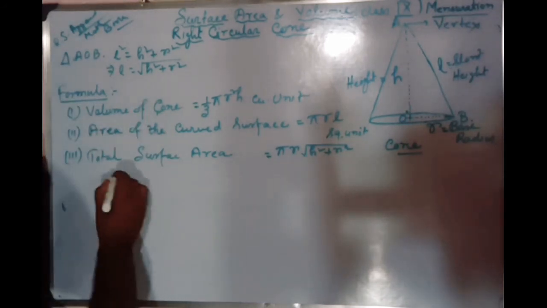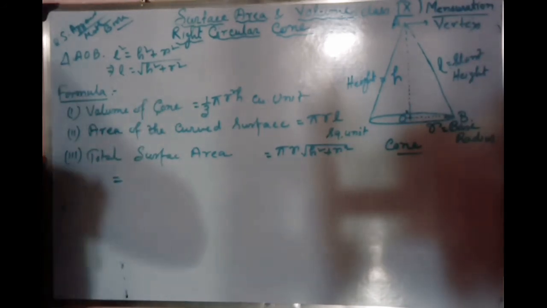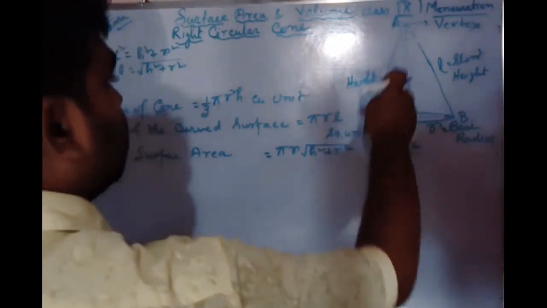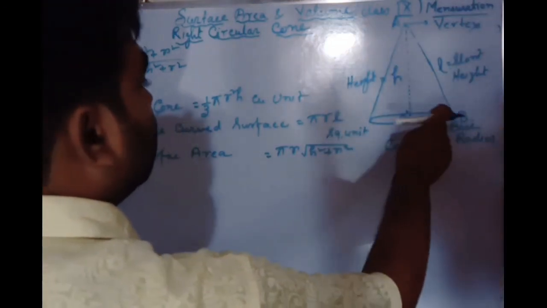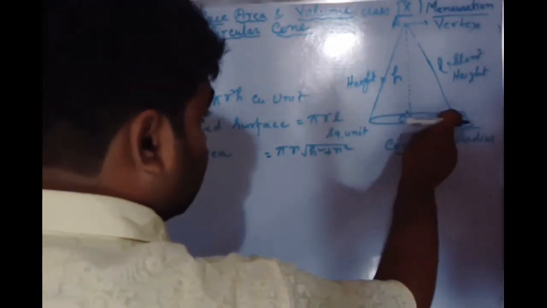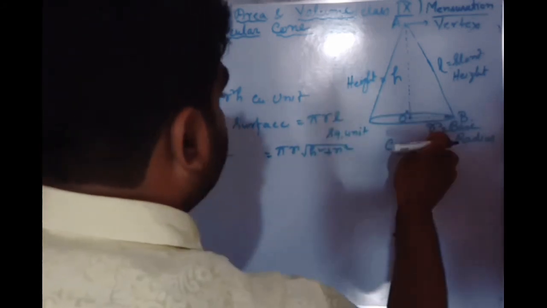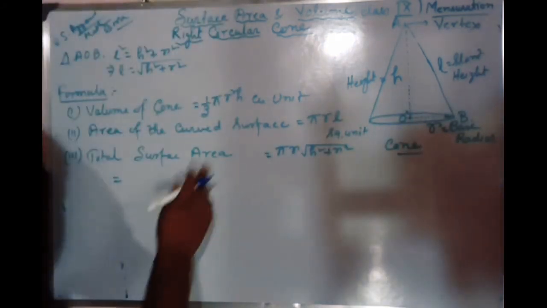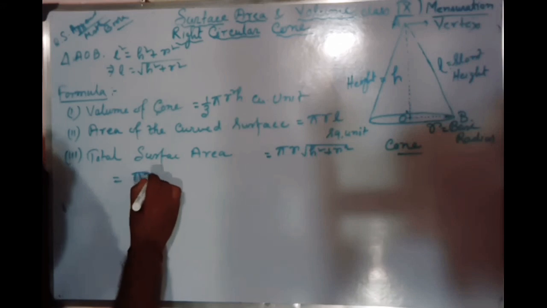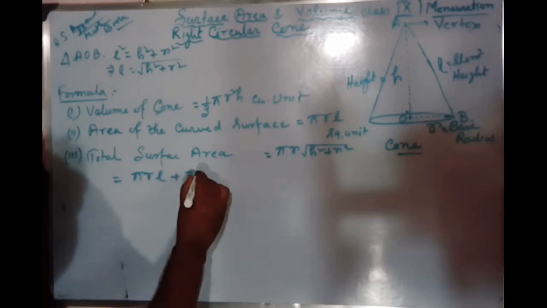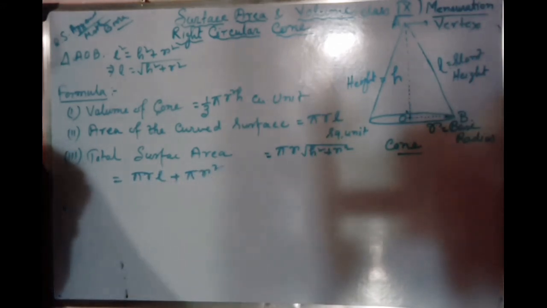Next, total surface area. Total surface area consists of this curved surface together with this circle's area, which is pi r square. So that means pi r l plus pi r square.